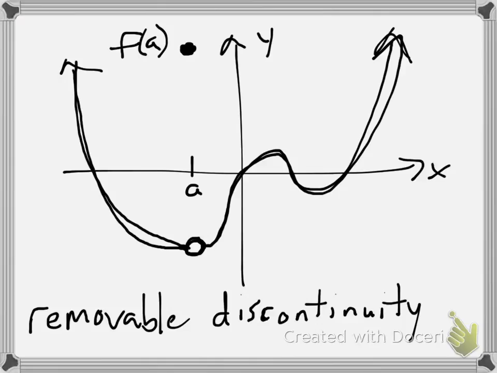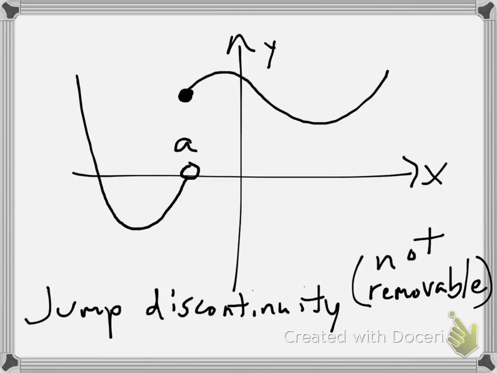But anytime I have to pick up my stylus or my pencil, that means that I have a discontinuity. And it is a removable discontinuity because I have this point up here. Somewhere in that function, there is a value for a. Somewhere. And we'll do specific examples as to how to figure that out in class. But that is an example of a removable discontinuity.